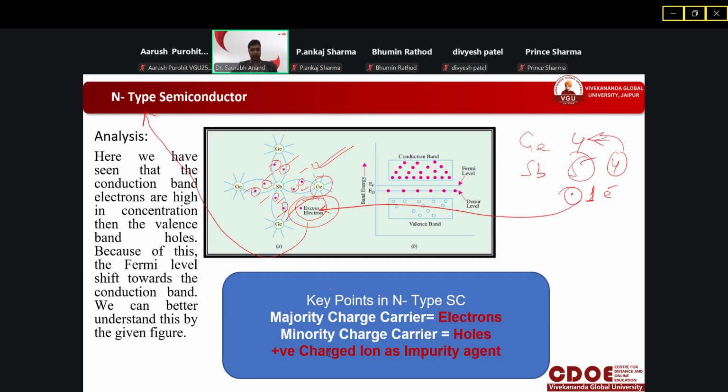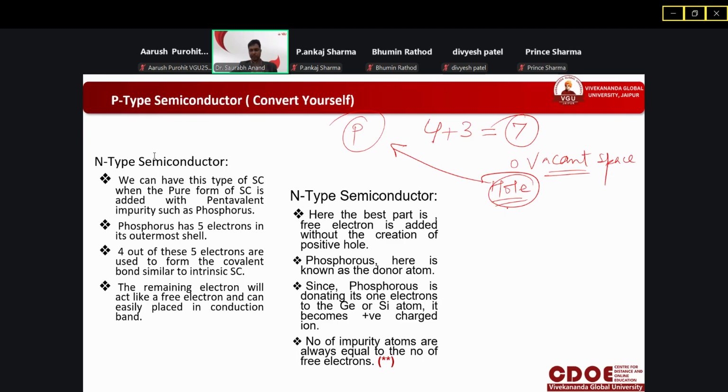Okay. So in the case of n-type, electrons are the charge carriers. So we can classify them as majority and minority. In n-type, electrons are majority and holes will be minority. And in the case of p-type, holes will be majority and electrons will be minority.